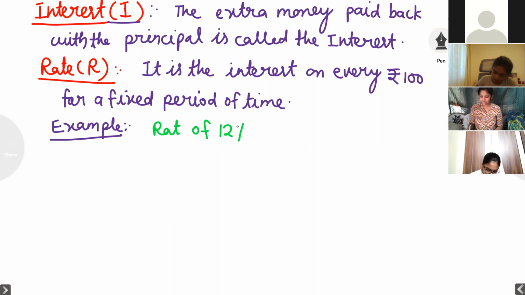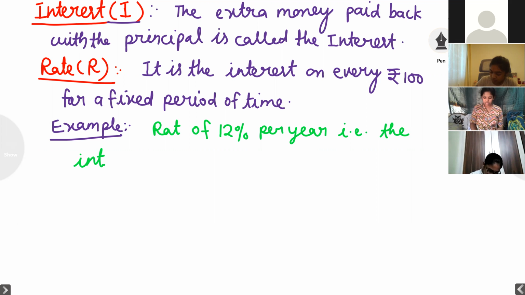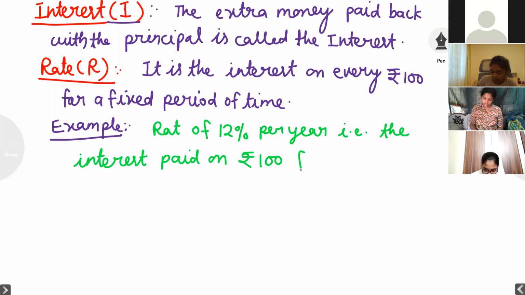That is, the interest paid on 100 rupees for 1 year is 12 rupees.